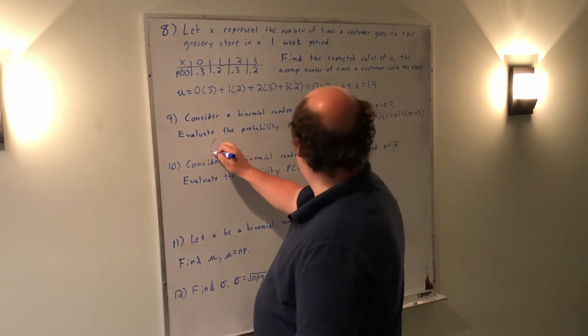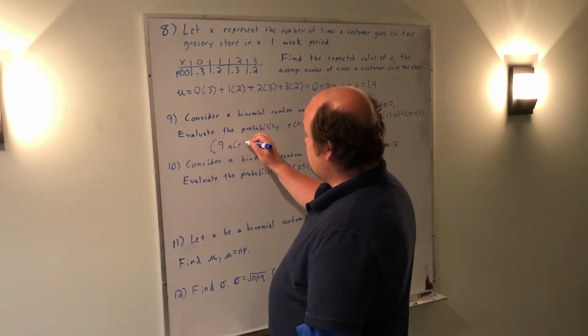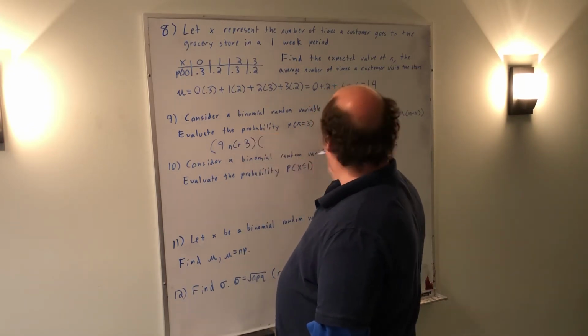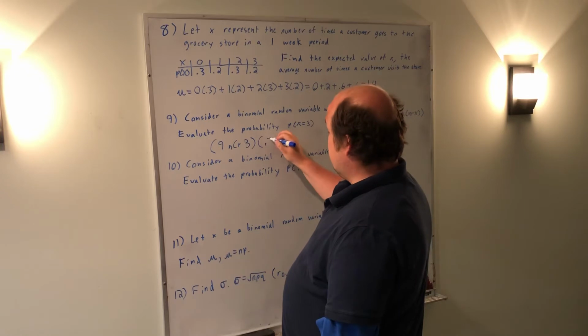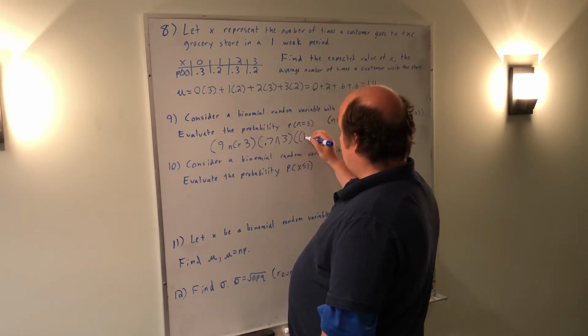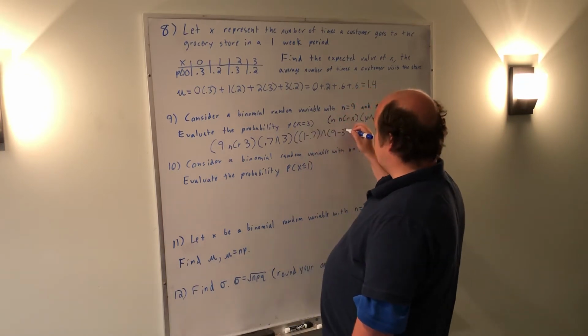In this case, our n is 9. Then we're going to use the NCR button. The given x is 3. Then the given probability is 0.7, which is going to be taken to the power of 3. Then 1 minus 0.7 is going to be taken to the power of 9 minus 3.